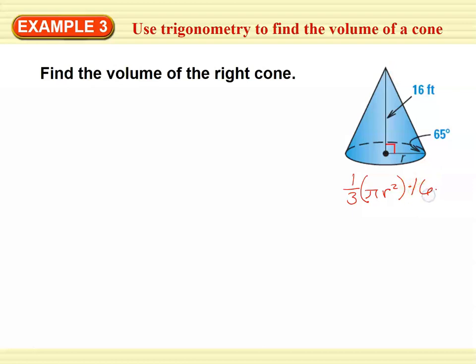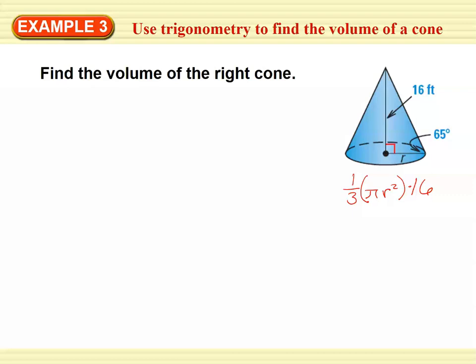Now there's one small problem. I'm supposed to find the volume. This isn't one of the problems where they give you the volume and you solve for the radius. They want me to find the volume. But as you can see, we need the radius to find the volume, and that was a piece of information I was not given.